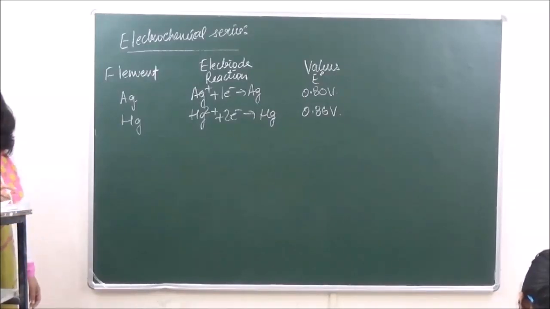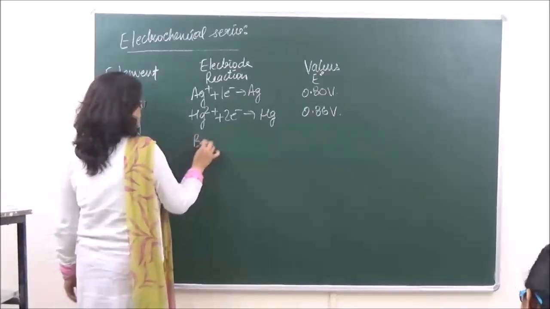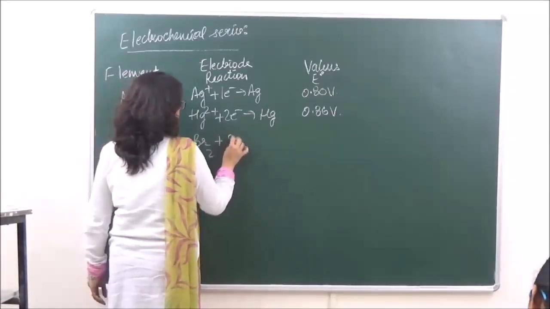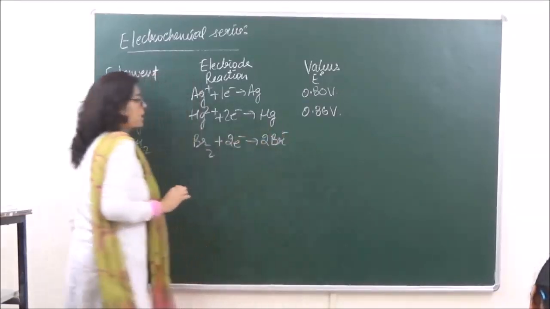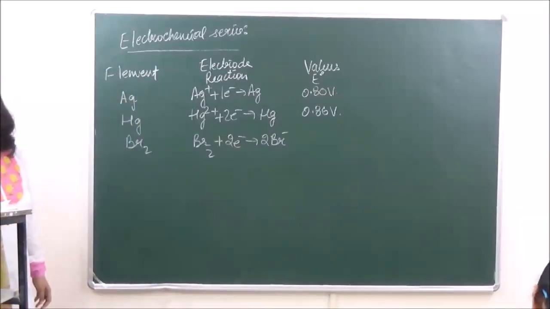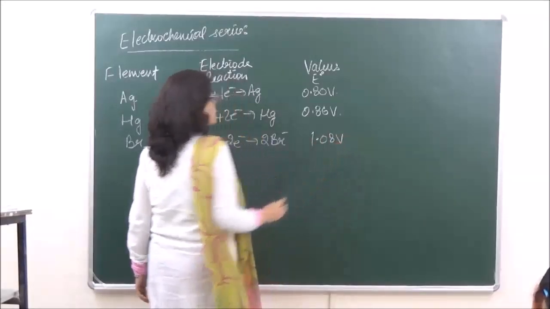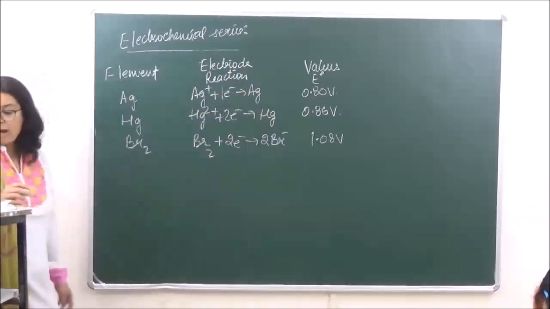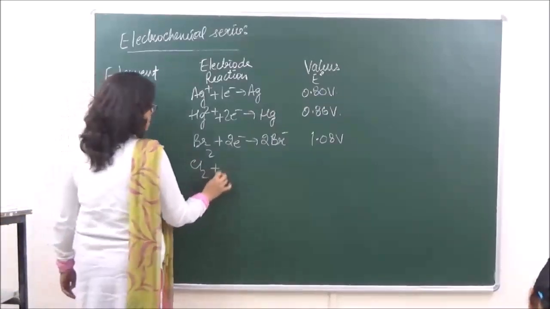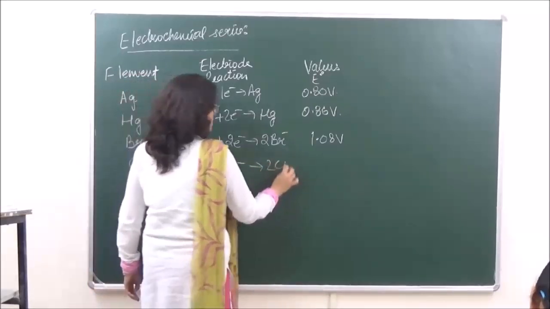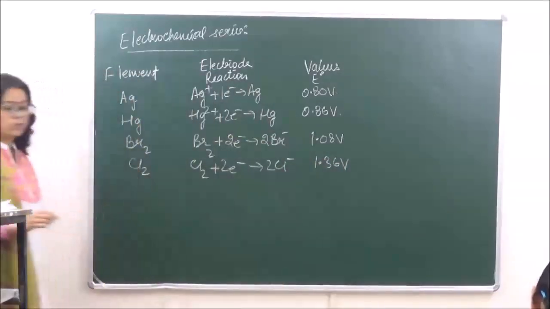Then after Hg is bromine. Br2 plus 2 electrons to give 2Br-, and the value is going to be equal to 1.08 volt, right? After bromine is chlorine, and the value is 1.36 volts.